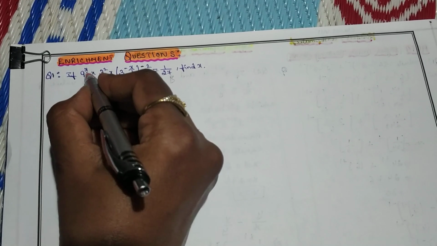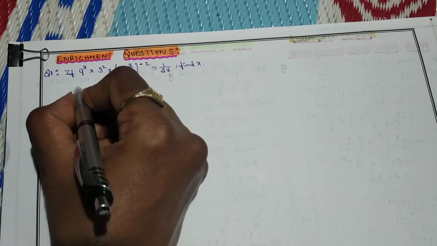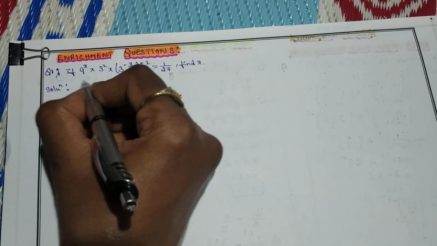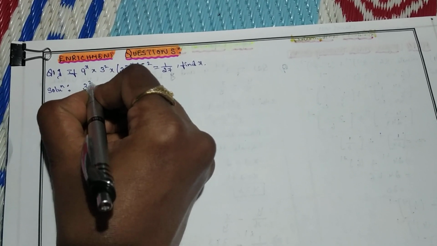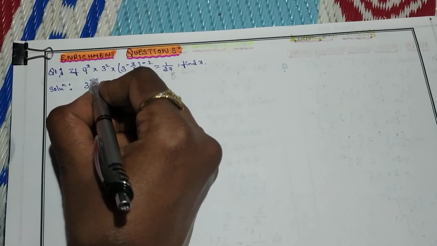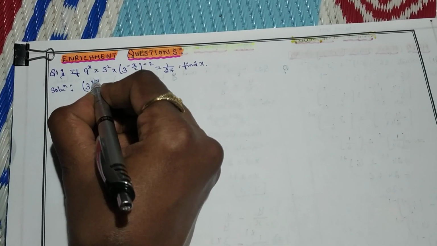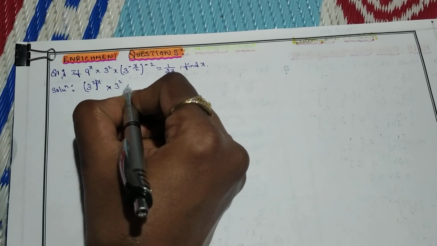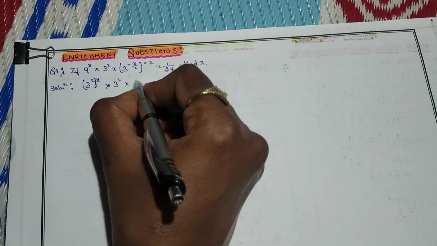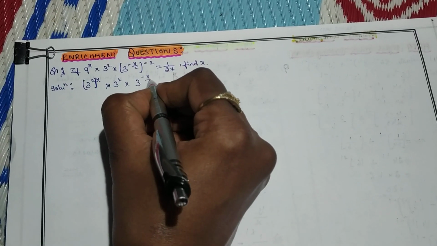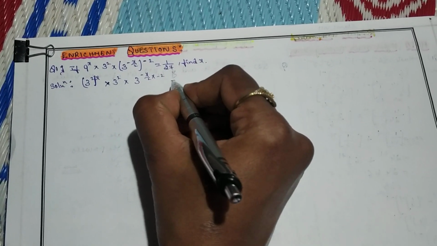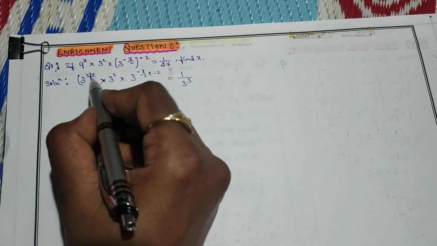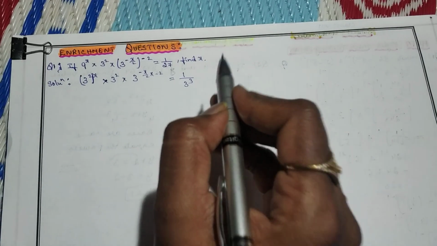So here 9 power x can be written as 3 power 2x, because 9 is nothing but 3 power 2, or let me write like this, 3 square whole power x into 3 square into, apply the exponential law, 3 power minus x by 2 into minus 2 equals 1 by 27, which is nothing but 3 cube, because I want all the exponentials with the base 3 only.